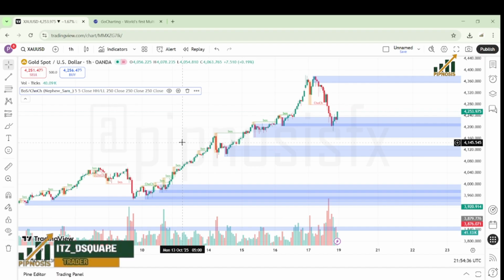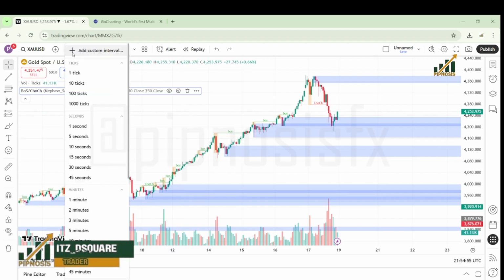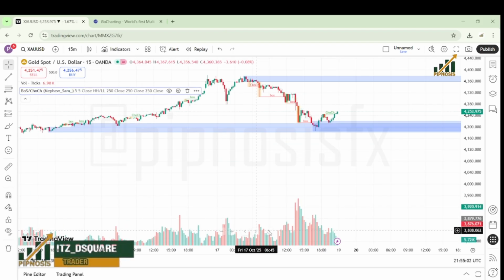Now, when I pick out these structures, I would look out for entry. Since I know it's in an uptrend, I'm only looking out for buys on this market. So the next thing is stepping down to the 15 minutes or 30 minutes time frame, where I mostly get my entries.